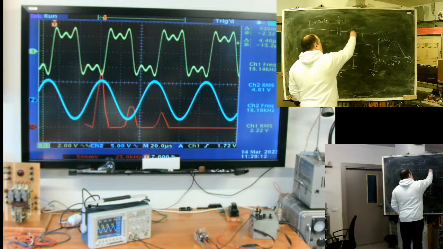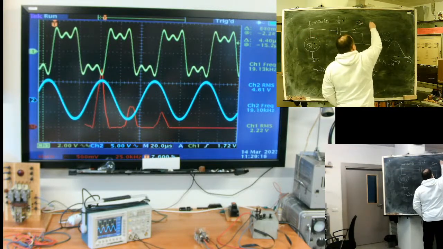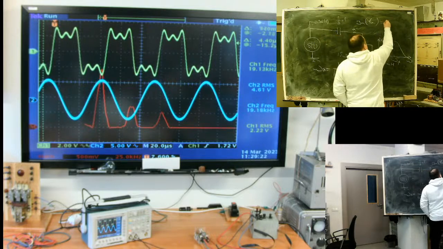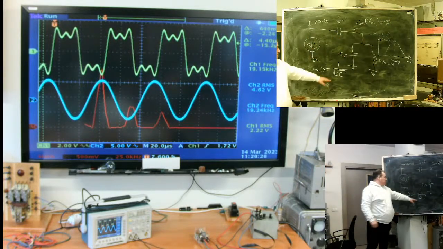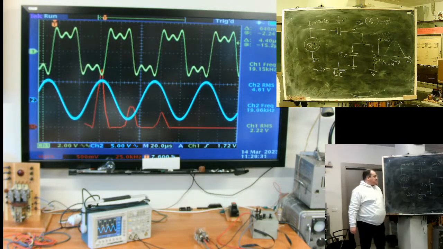By simple writing, if this is point A, the imaginary part of the conductance at point A should become 0. This will yield omega 0, the resonance frequency.